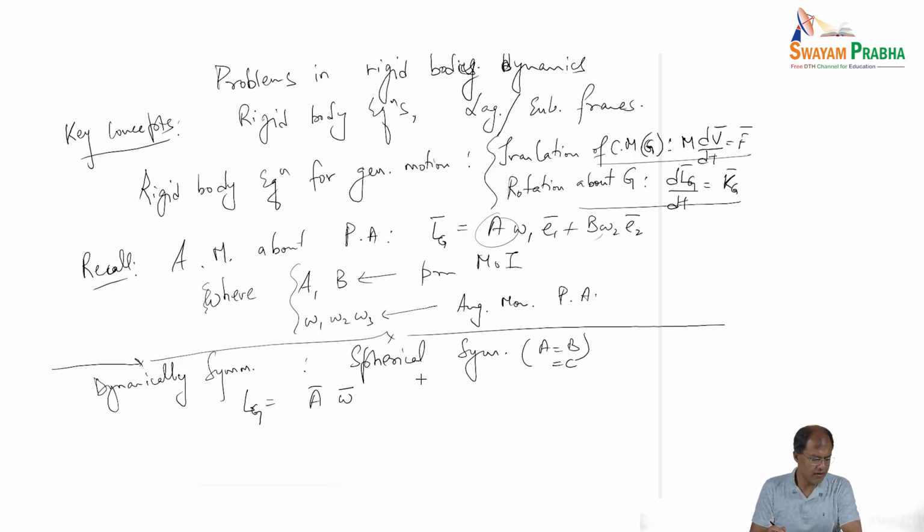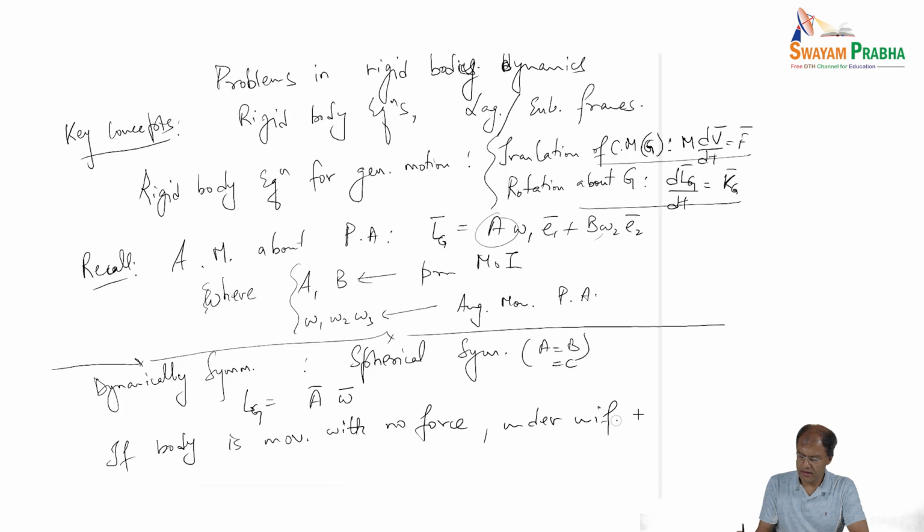So then if we expect that there are no moments or torques or forces, then the body is not experiencing any net torque, right? So if the body is moving with no force, then under uniform gravity, we have that Kg is 0, or omega is equal to omega 0, right?